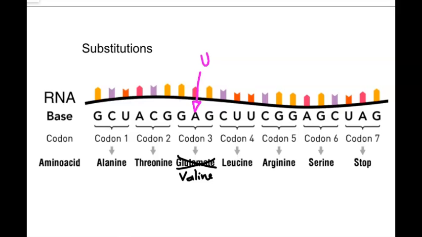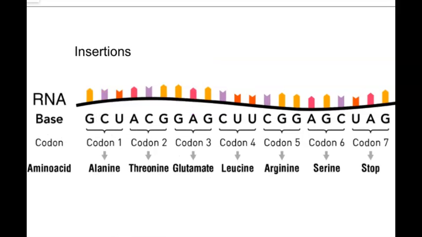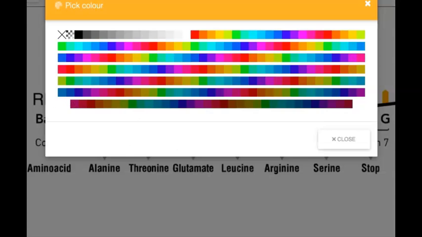Now let's take a look at insertions and deletions. Let's say that over here at GAG, we actually inserted a letter right here.